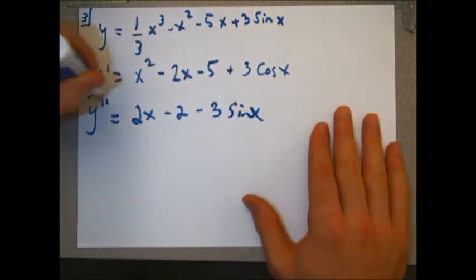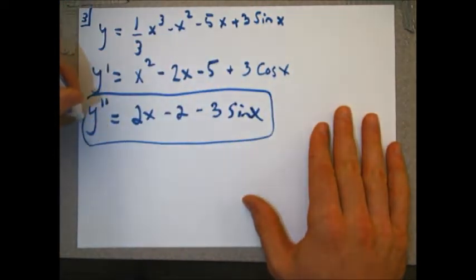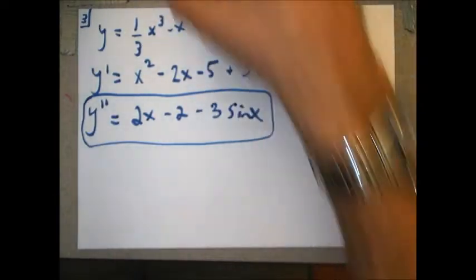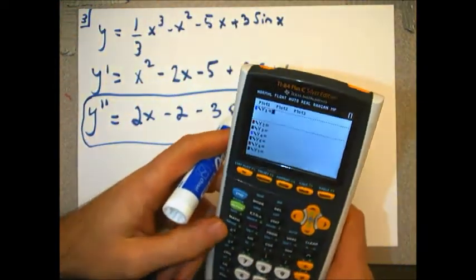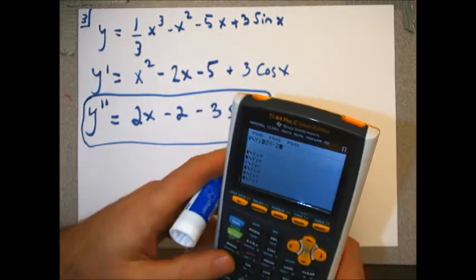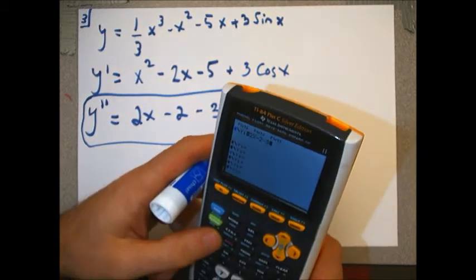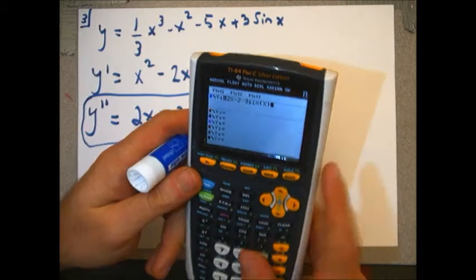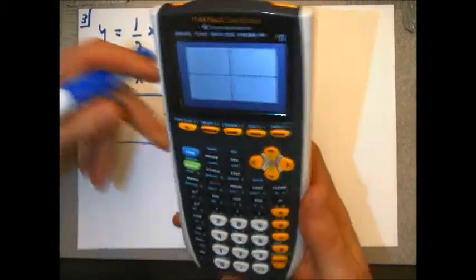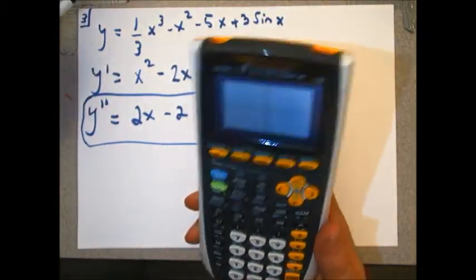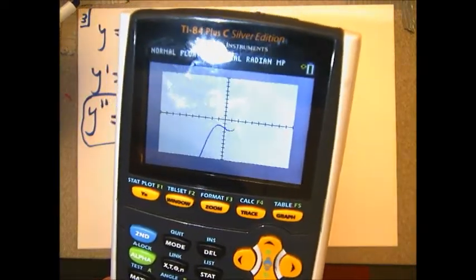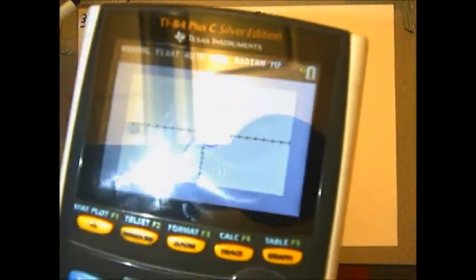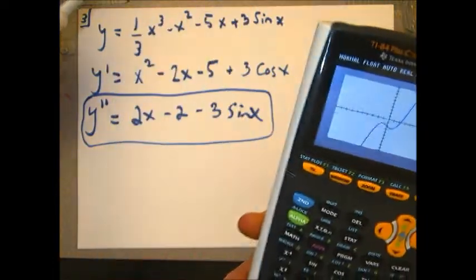So now that we have a second derivative, you'd want to go to your calculator, go to y equals, and we want to plug in 2x minus 2 minus 3 sine x, and do a zoom 6 to reset your window. So you're now looking at the graph of the second derivative, and we want to find where does this second derivative cross the axis.